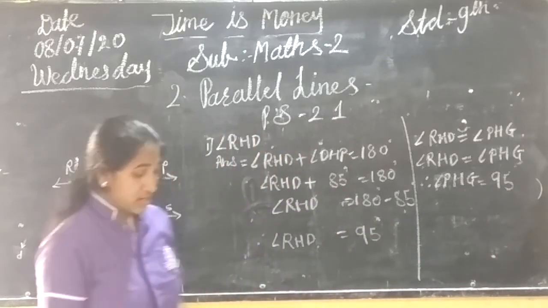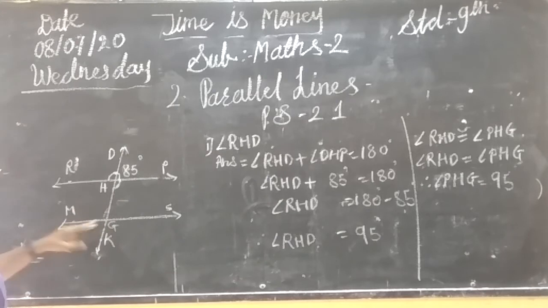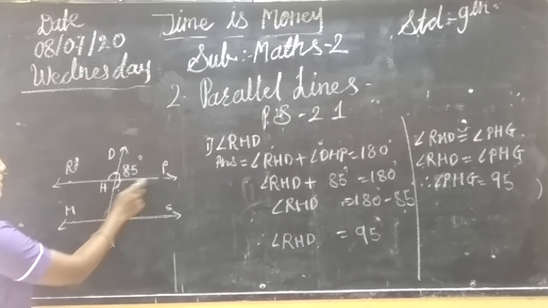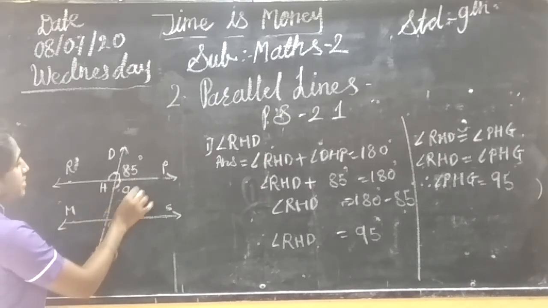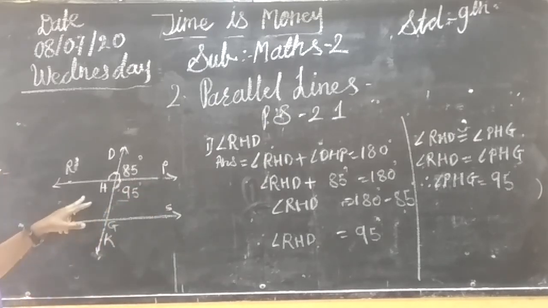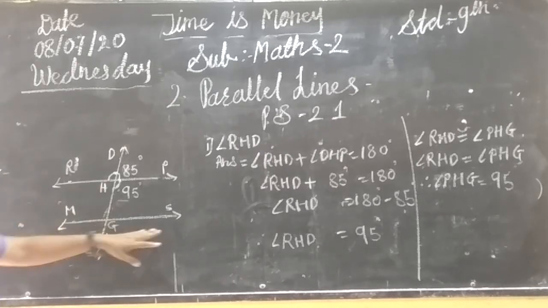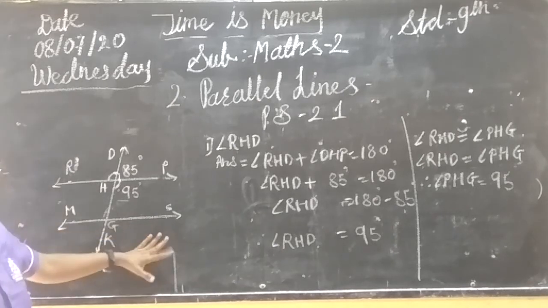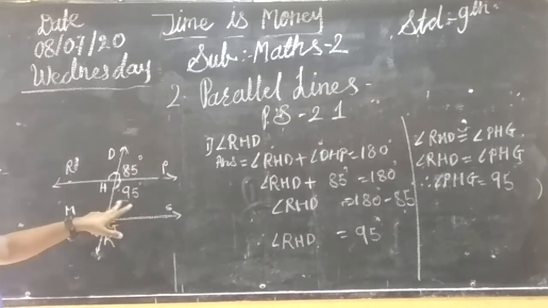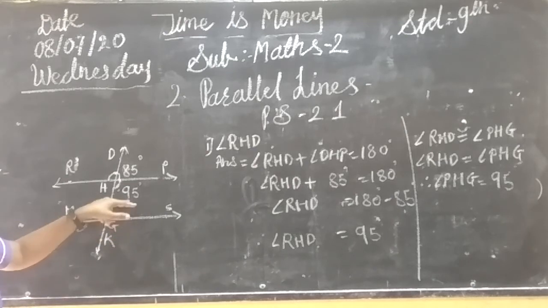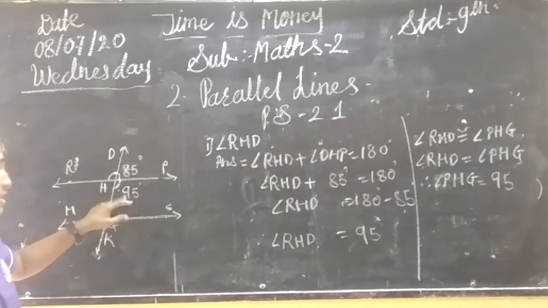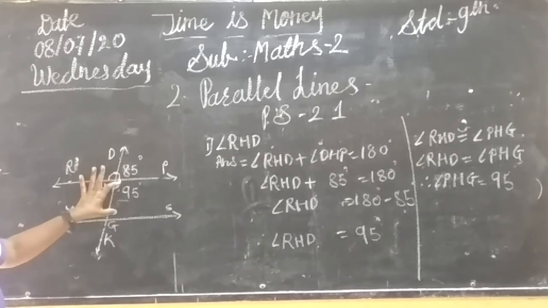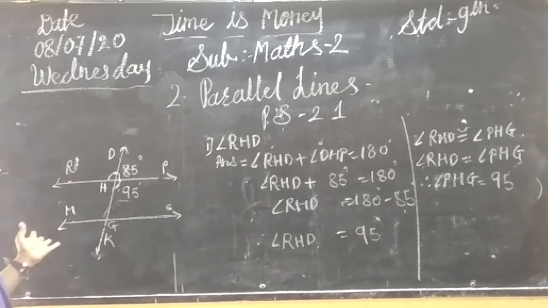Okay. Next question is angle HGS. Then how can you give the answer? There you can use the interior angles. Interior angles sum to 180 degree. That means the total of these two angles is 180 degree, then you can subtract.